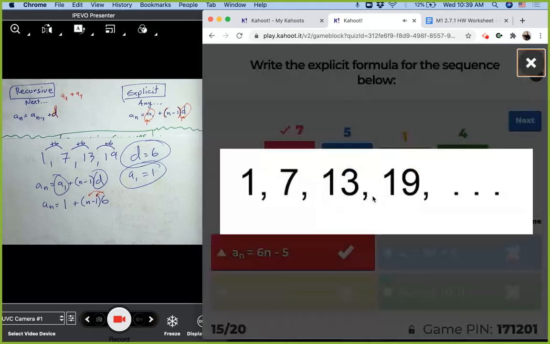Most of us got it. Misclick, misclick, 2 misclicks.